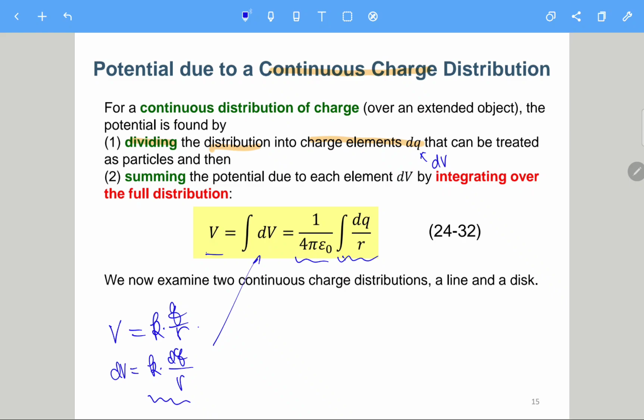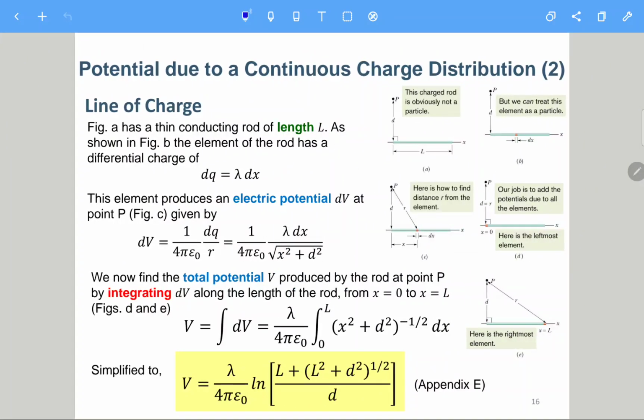We now examine two continuous charge distributions, a line and a disk. Similar to the previous case, first we consider the line of charge.